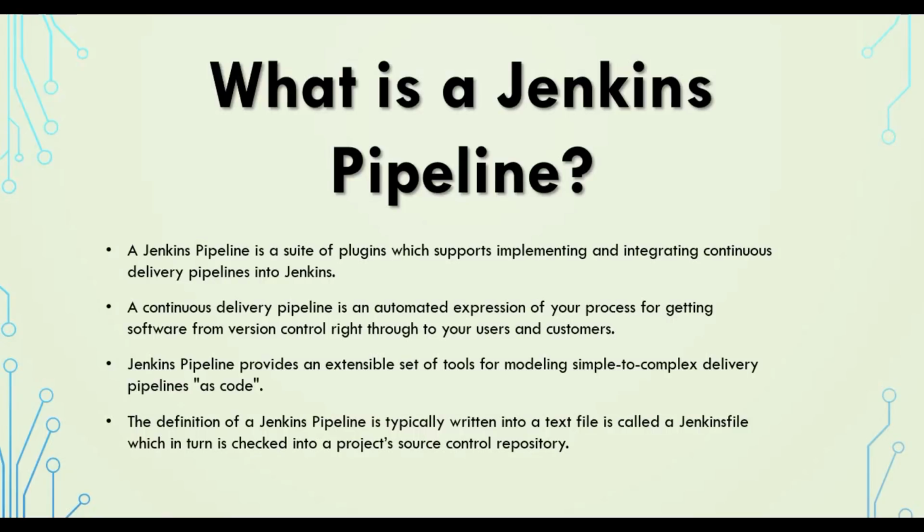Whereas in the pipeline you write all those things as code, and you have the complete code in the same job, so that it creates a pipeline which runs each step by step or in parallel based on the configuration, and it provides you an output as a complete end-to-end process. The definition of a Jenkins pipeline is typically written into a text file called a Jenkinsfile.